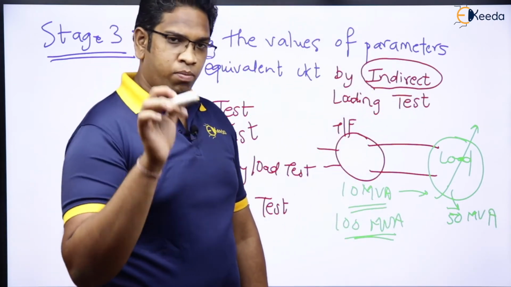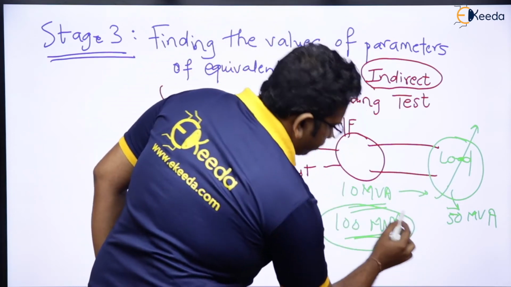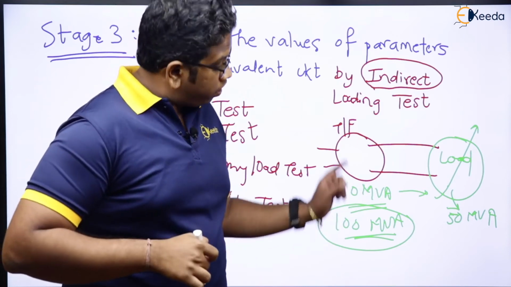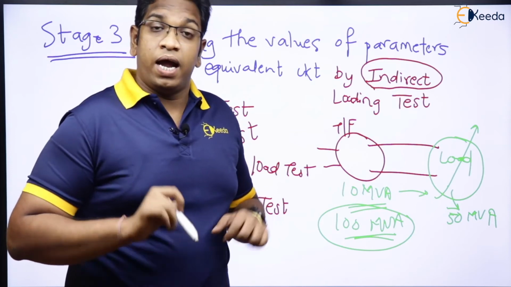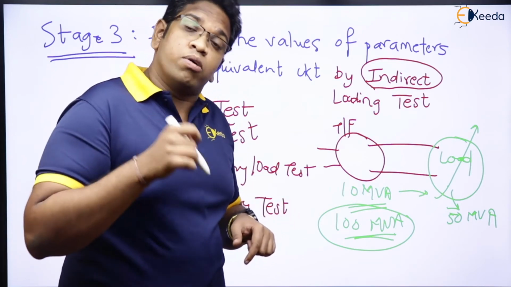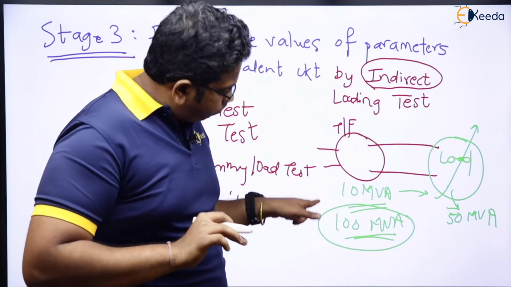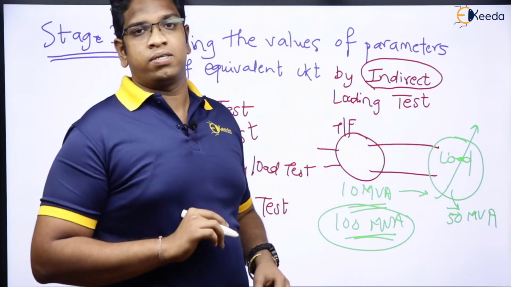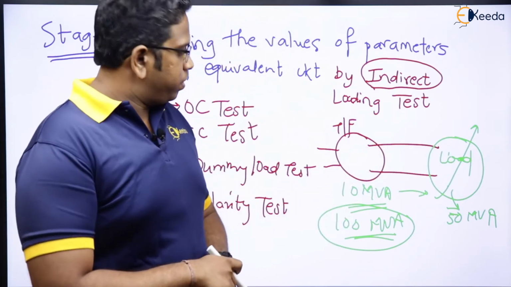One more time: the rated capacity is 100 MVA. So first you have to design a load which will absorb 100 MVA, and that load should also be variable at the same time. If I am asking the efficiency at 50% of full load, the load has to be varied to its 50%, so that you will actually get the particular parameter values.